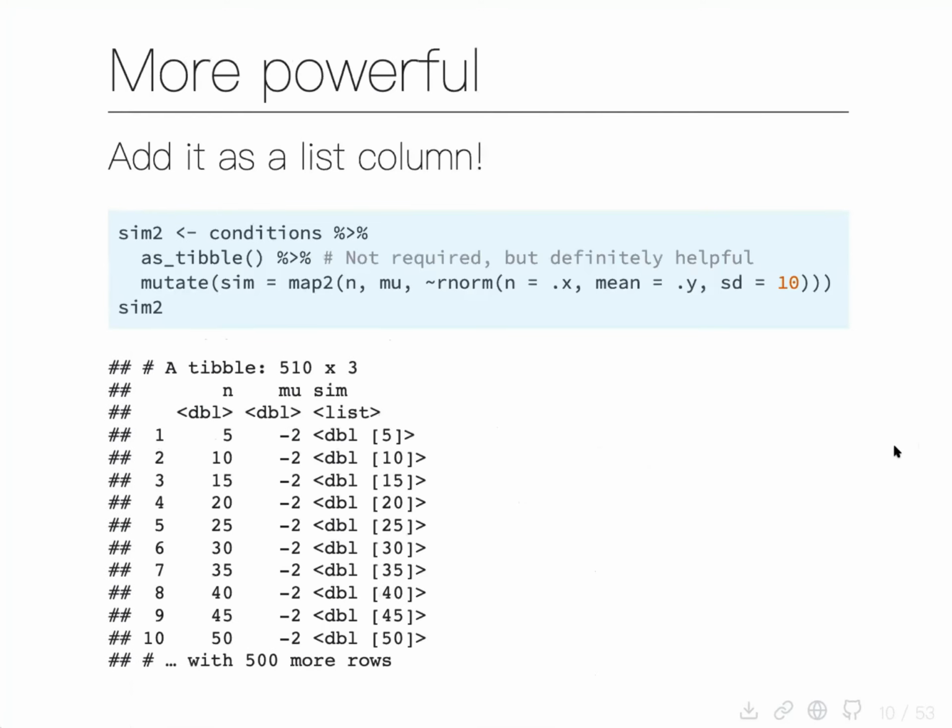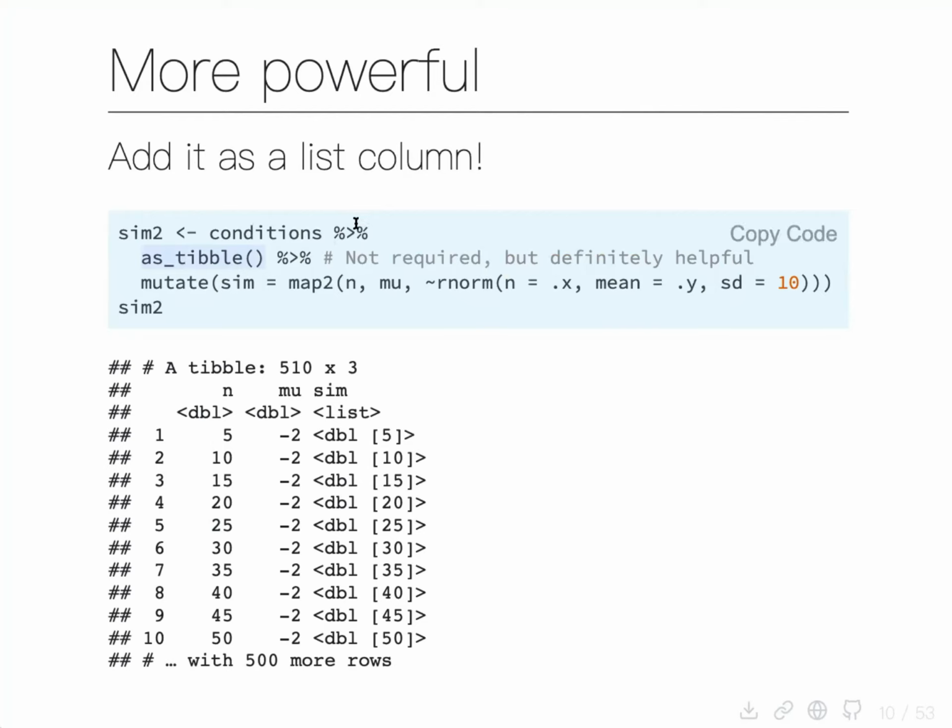More powerful, I think, is to go ahead and add this list as a new column to your data frame. So I have conditions, I'm calling this sim2 now, and I'm going to pipe that to as_tibble. That's not actually necessary, but it is quite helpful because tibbles display list columns more nicely than data frames.